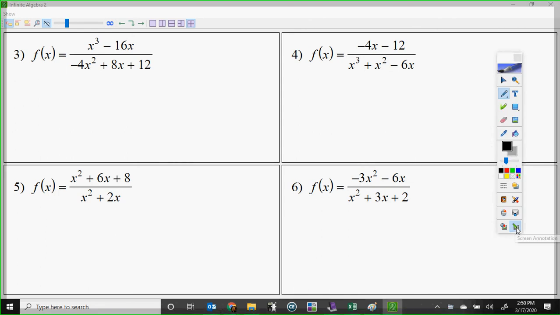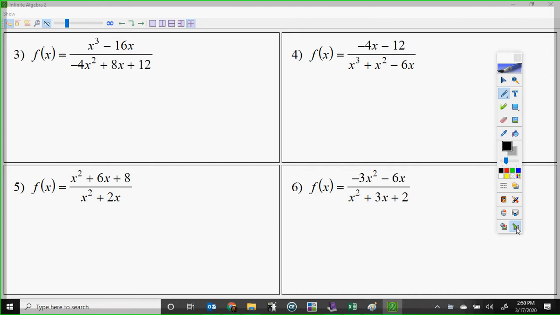I'm going to look at these 4 problems. Now, you'll notice that your instructions for all 10 problems are the same. They ask you to find the holes, the vertical asymptotes, the x-intercepts, the horizontal asymptotes, and the domain for each one. So instead of breaking it up into different sections, I just put them all for each problem.